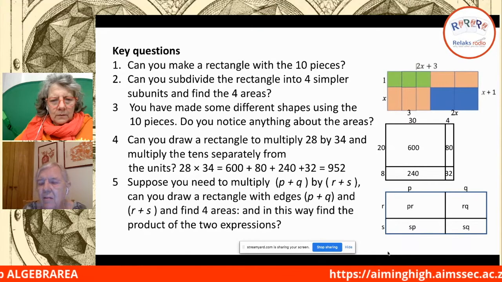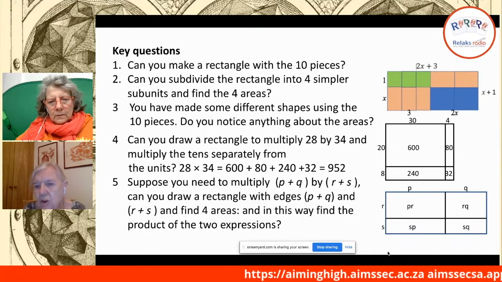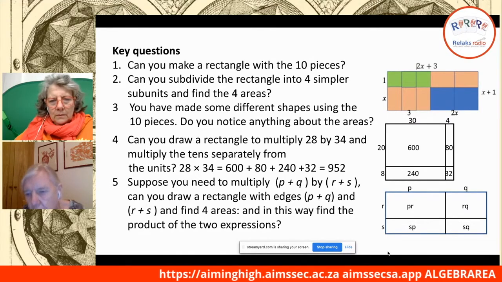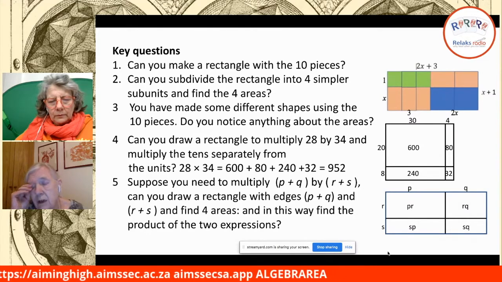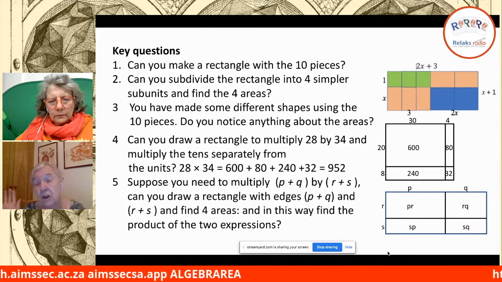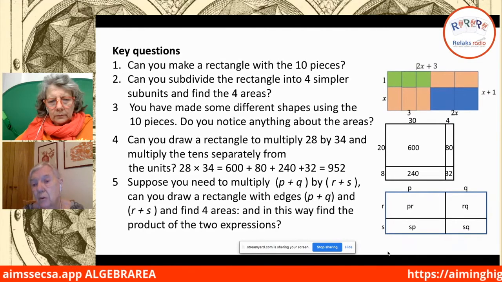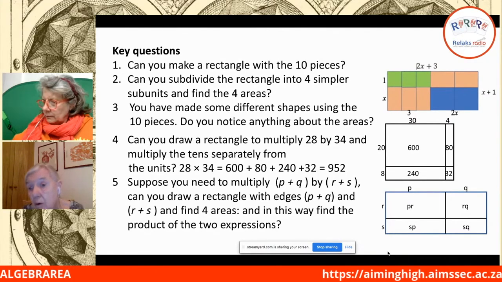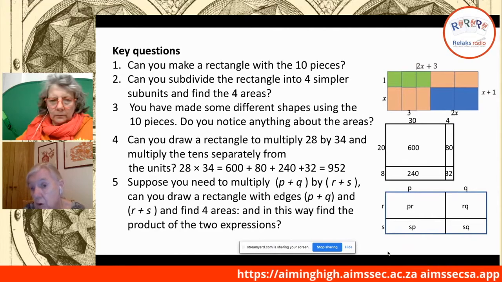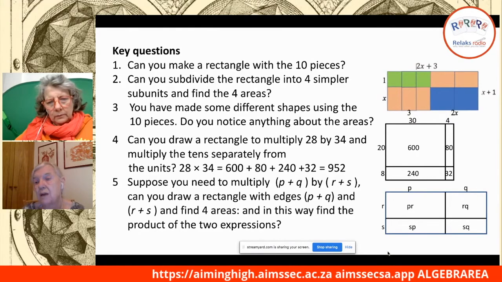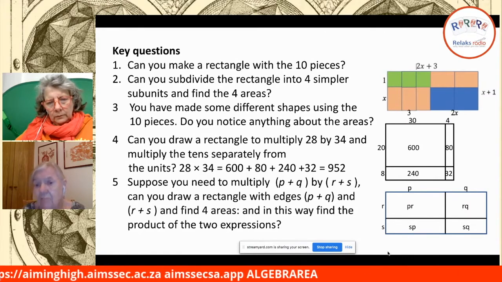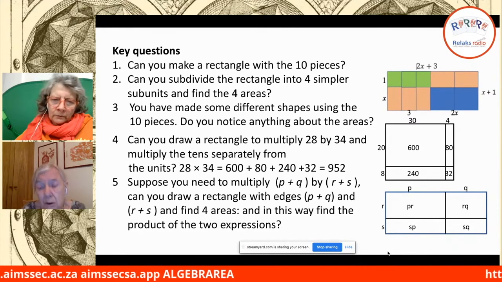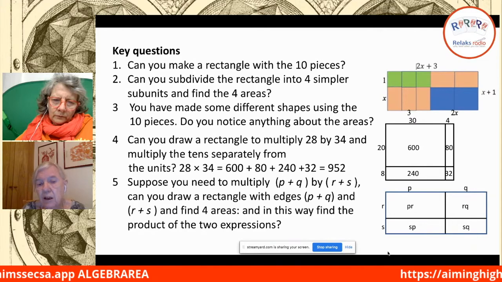And then you've got a rectangle which measures R by Q, R up and down and Q right and left. And when you work out that area, it's RQ. And you've got another one which measures Q across still, but now it's S up and down, and that rectangle, if you want its area, you multiply S by Q.